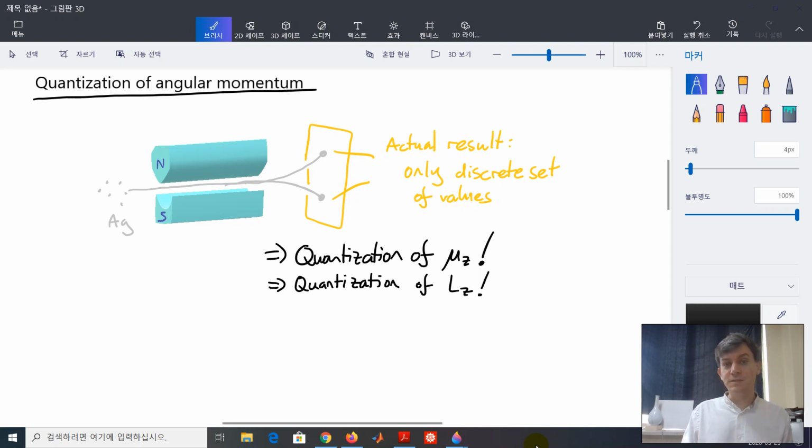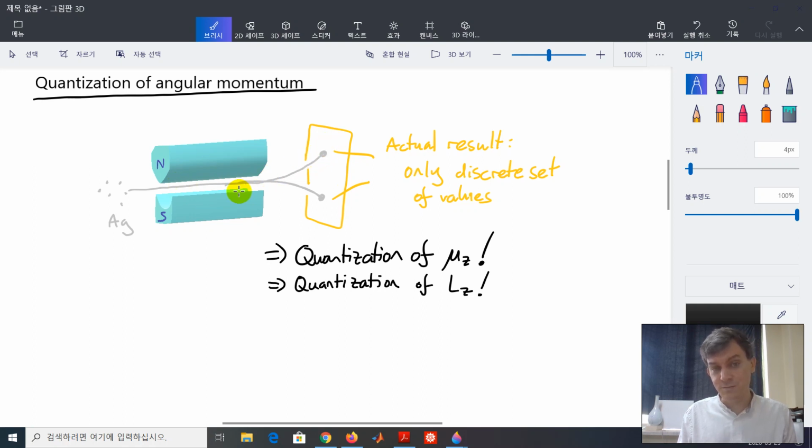Okay, so in this second video we're going to look in more detail at the quantization of angular momentum. So this was shown in the experiment explained in the previous video, the Stern-Gerlach experiment. Here you're measuring the magnetic moment of a group of silver atoms, and what you find is that they split into two groups when you put them through this non-constant magnetic field.